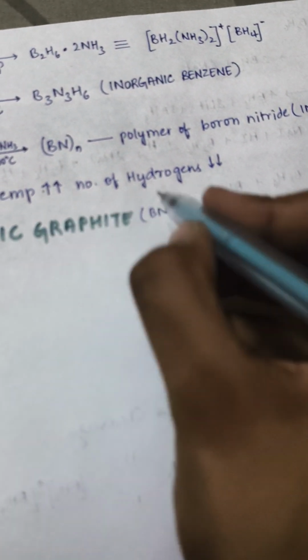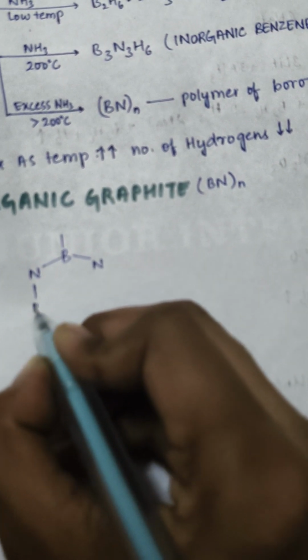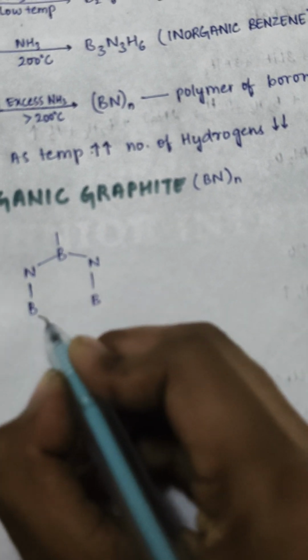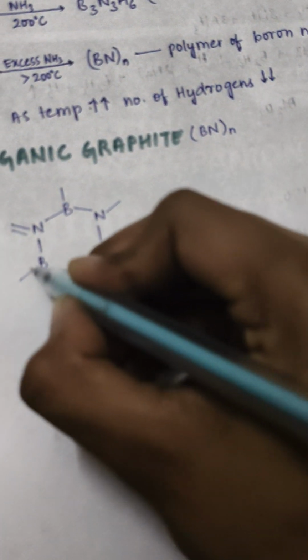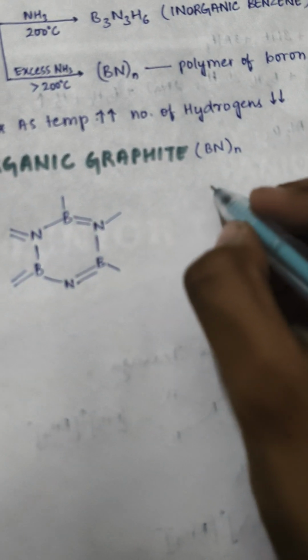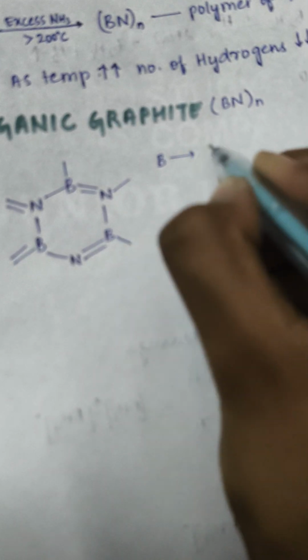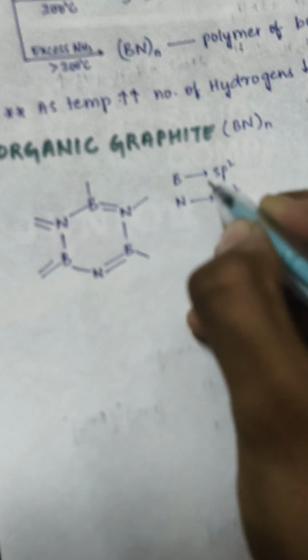Inorganic graphite is the same. You have B, and you have double bond, and in this you see B is having sp2 hybridization and N is having sp2 hybridization.